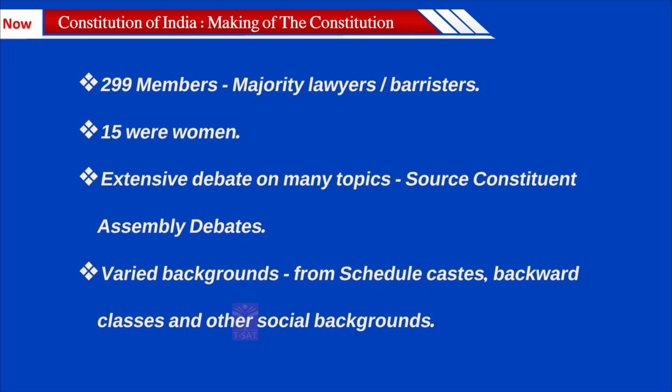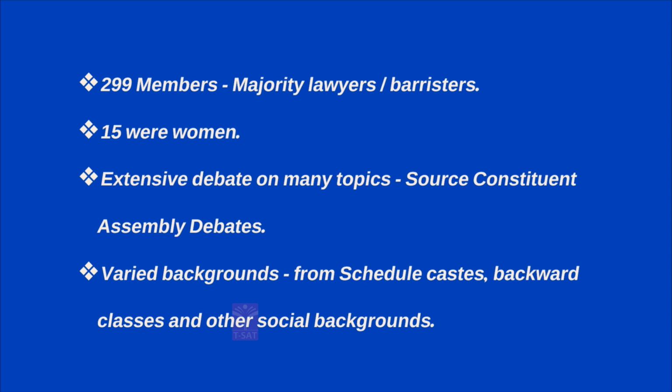Out of those, the majority were lawyers, in those days known as barristers. That is the reason we have so many legal intricacies built into our Constitution, which has contributed to its overall bulkiness.